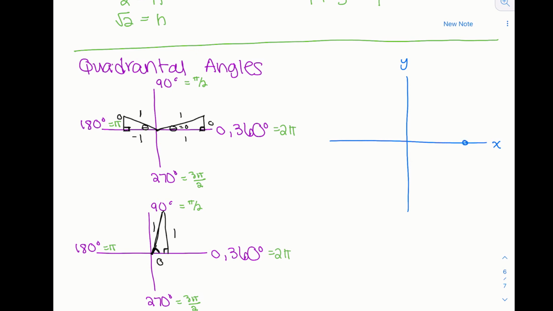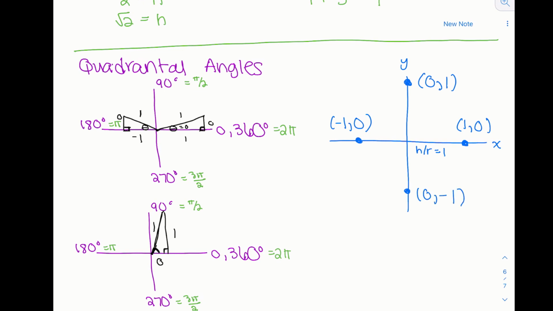So what I typically do instead is I just draw a point on each axis. And so this first point can be represented by (1, 0). And for all of these, the hypotenuse or the r value is equal to 1. And then here we've got (0, 1), (-1, 0), and then this is (0, -1).